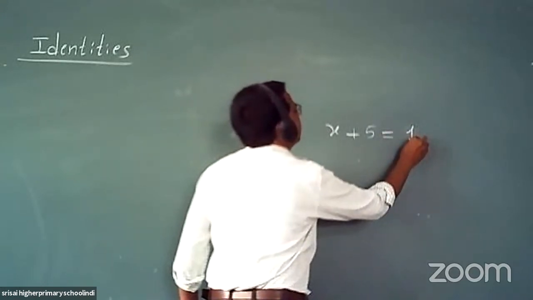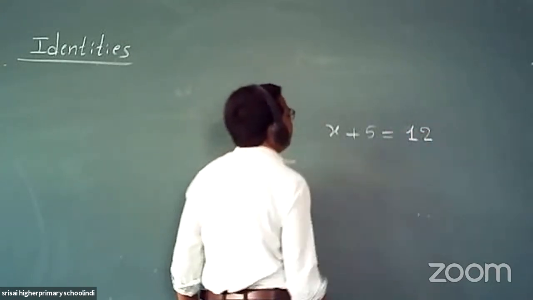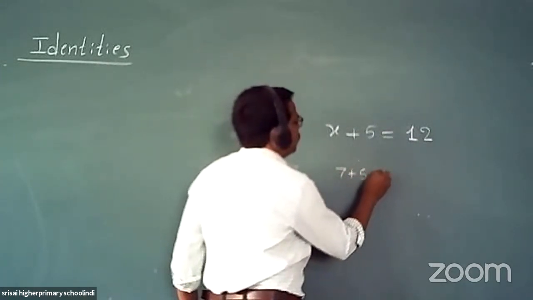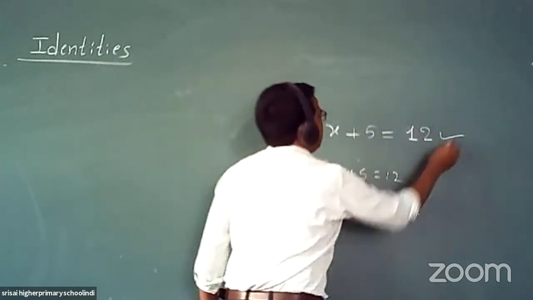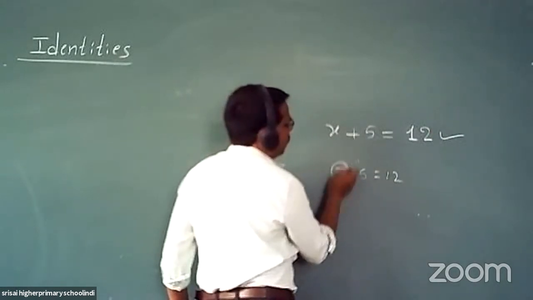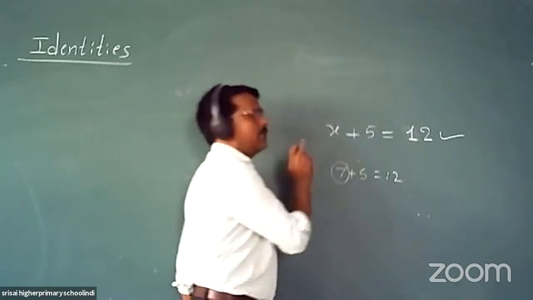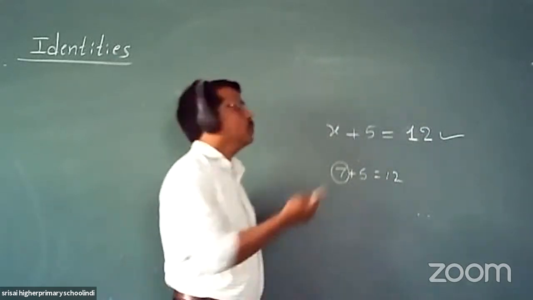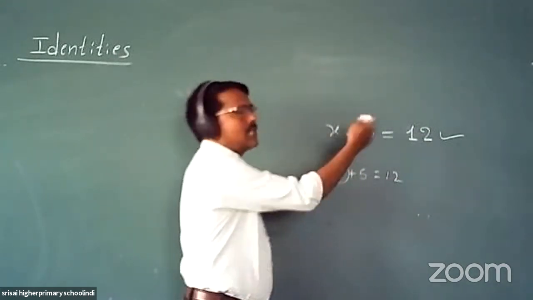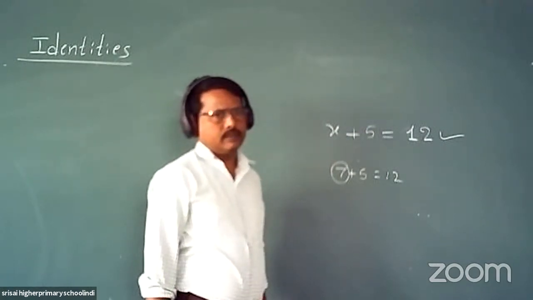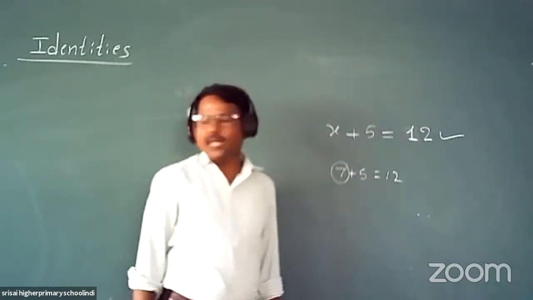If x plus 5 equal to 12, x value is how much? 7. 7 plus 5 equal to 12. This is an equation. An equation is true for only one value, x value is 7. When you put 7, then left hand side and right hand side both become equal. That is called an equation.